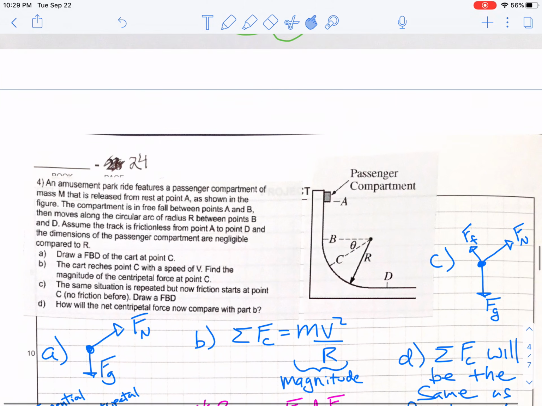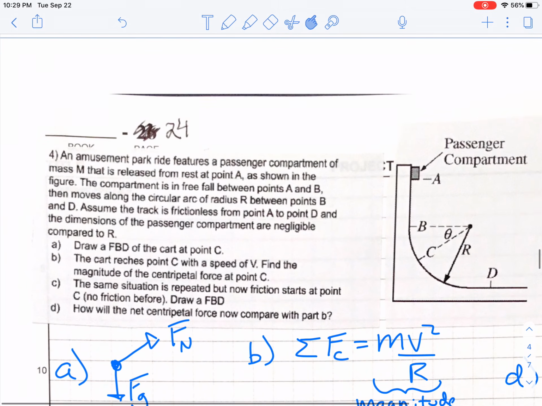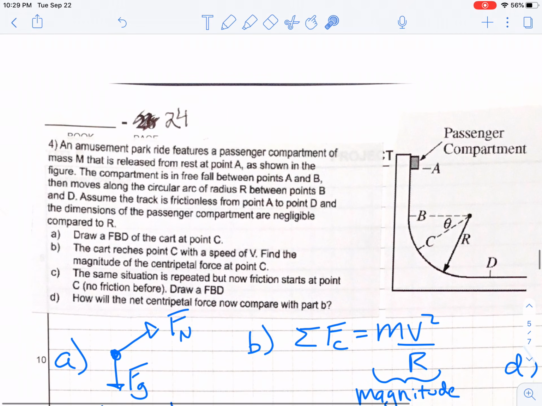We've got a couple more example problems that we'll do here. First, we've got an amusement ride where this compartment drops and then it goes through a corner and onto the track at the bottom.